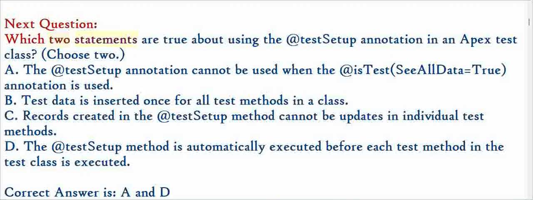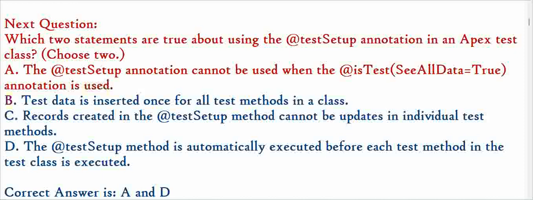Next question. Which two statements are true about using the @testSetup annotation in an Apex test class? Choose 2. A. The @testSetup annotation cannot be used when the @isTest(SeeAllData=true) annotation is used.